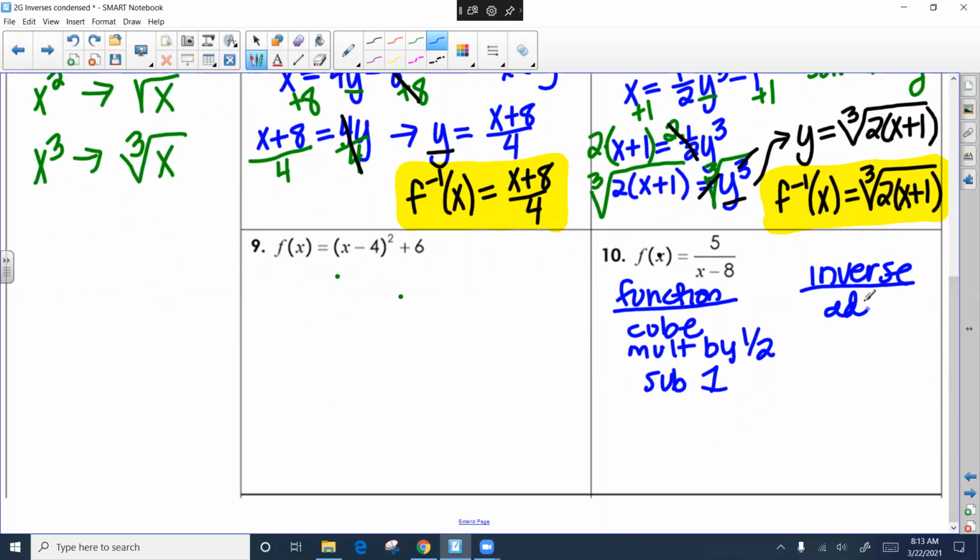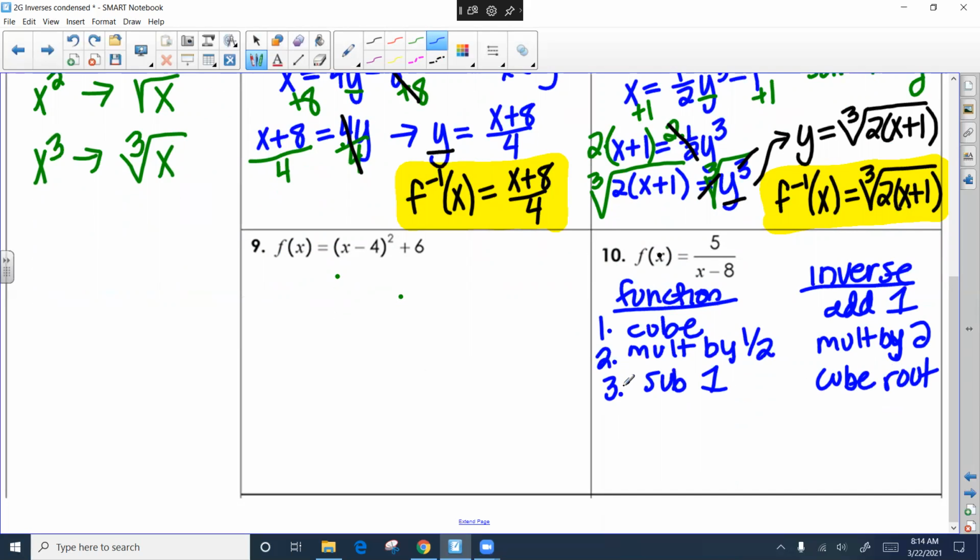Then we go, because we're going in reverse order. The opposite of multiplying by a half technically is dividing by a half, but we got rid of the fraction. So here, multiplied by 2. And then the last is getting rid of the cube. The inverse of the cube is the cube root. Okay, so in our original function, we went in this order.